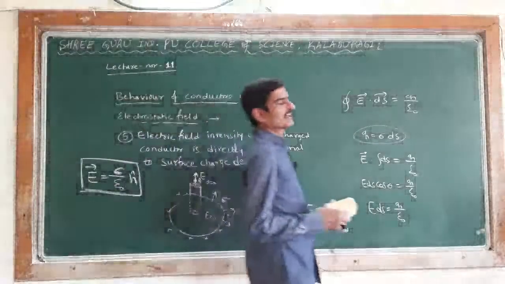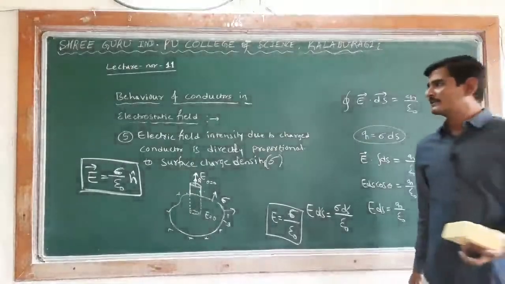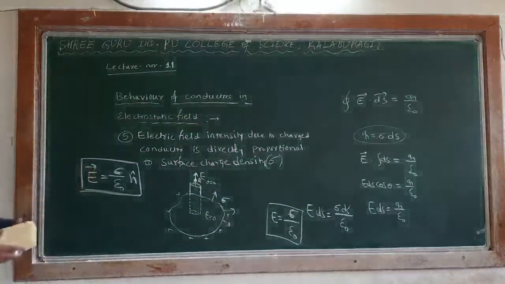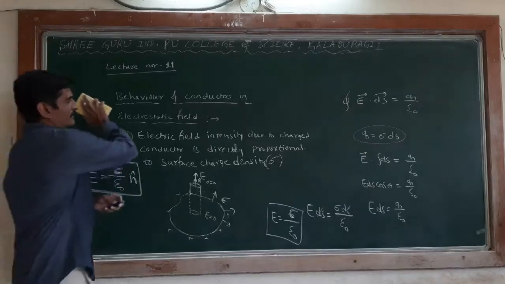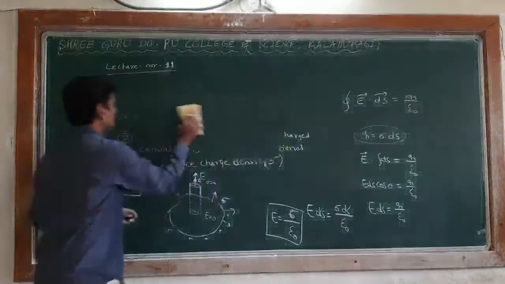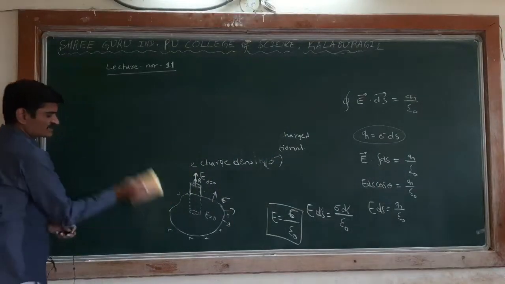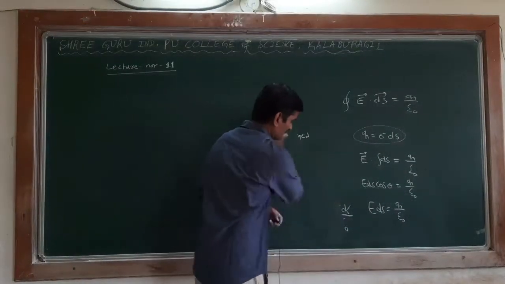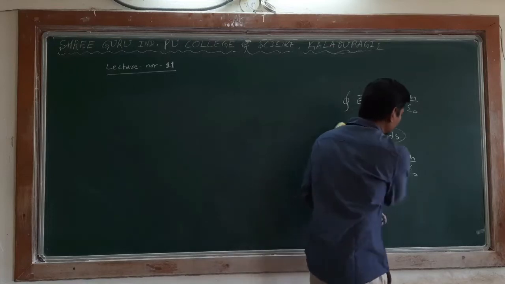This is the behavior of a conductor in an electrostatic field. We just understood that in the interior of a conductor the electric field intensity is 0.